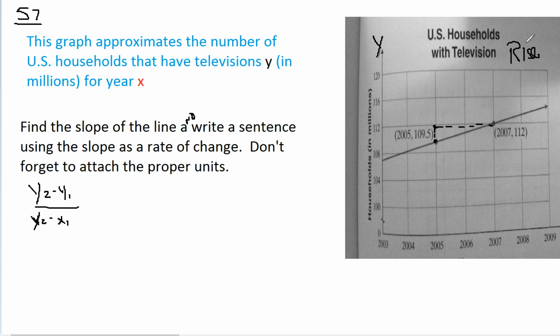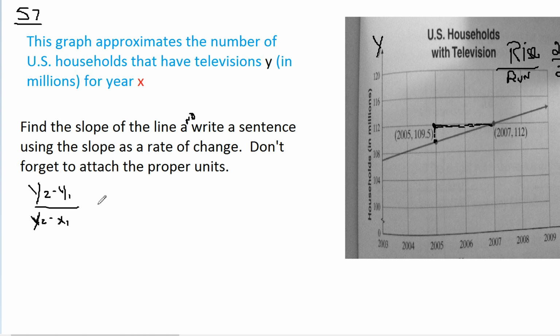Rise is 2.5, and the run is, if I go from 2005 to 2007, that's an increase of 2. So the run is 2. So I got 2.5 over 2. Okay, what does that mean?